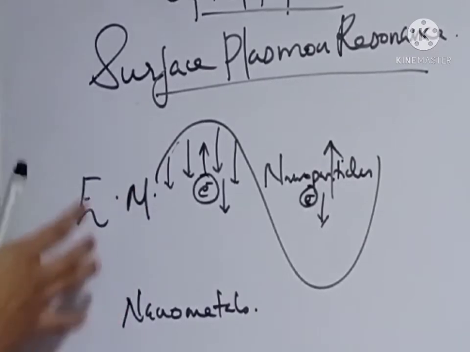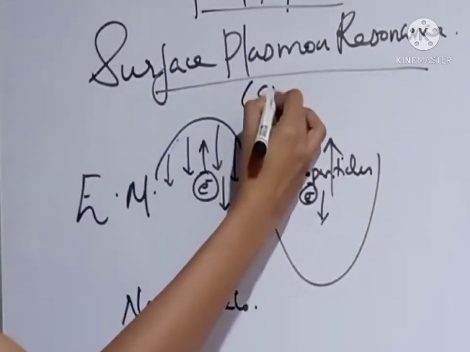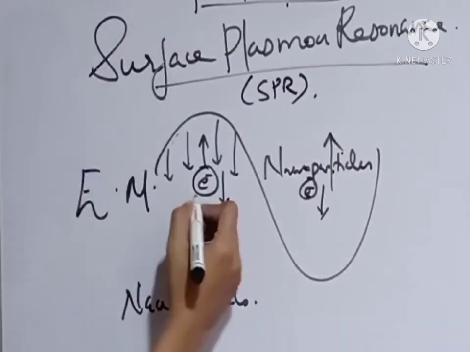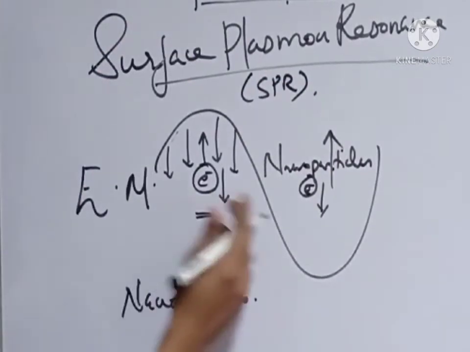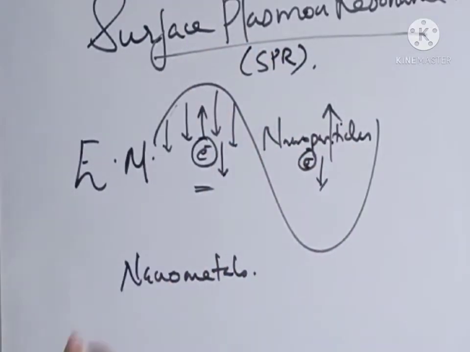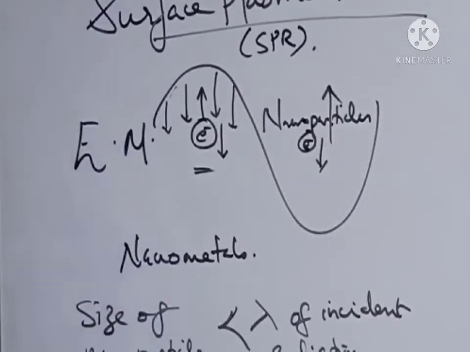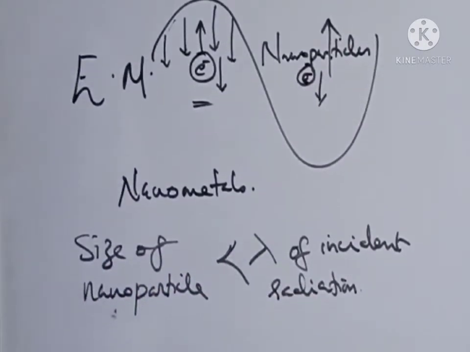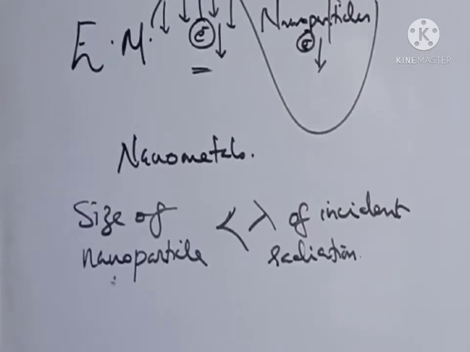This process, surface plasmon resonance or SPR, occurs only when the size of the nanoparticle is less than the wavelength of the incident radiation. Then only this process will occur.